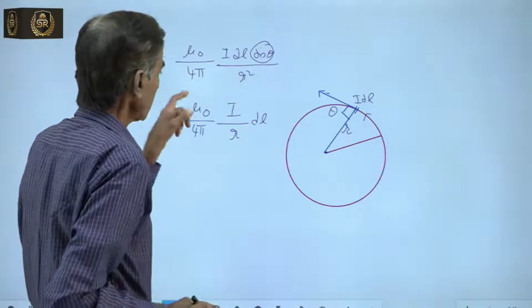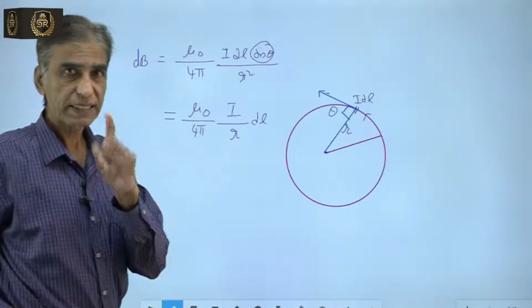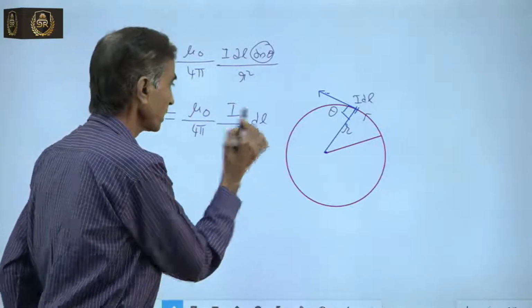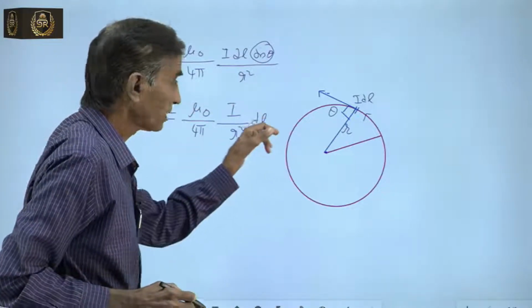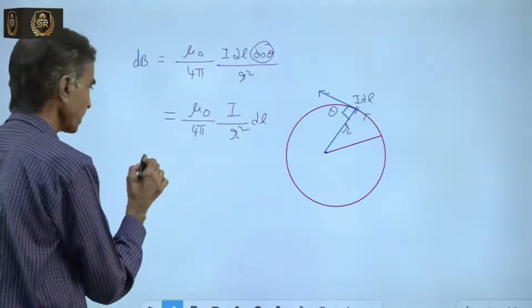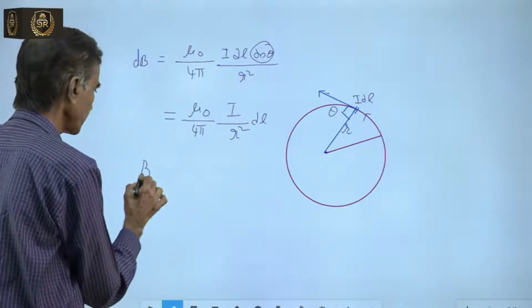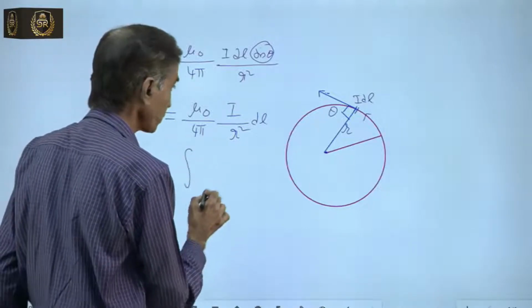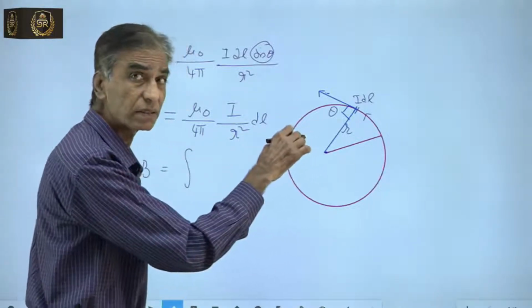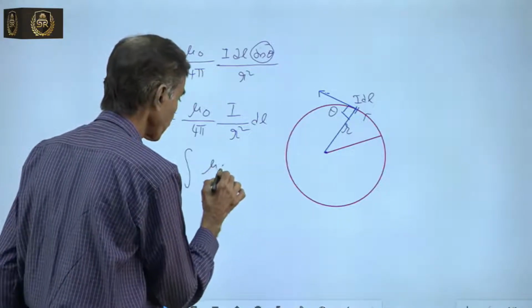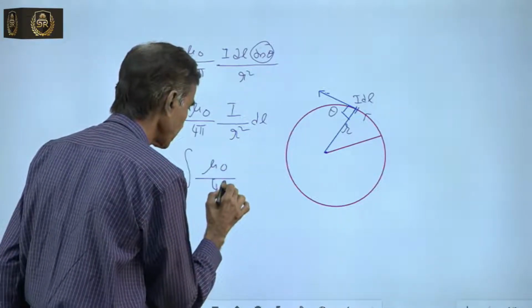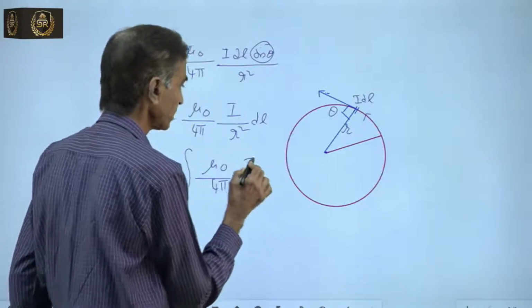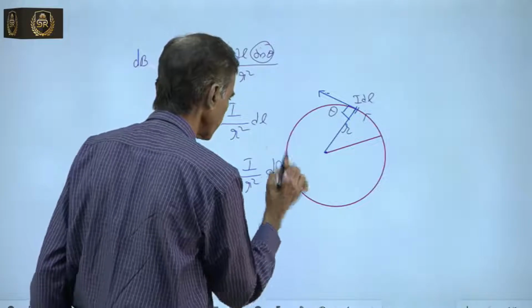Therefore mu naught by 4 pi is a constant, I by r square is a constant. So the only variable is dl. So integrate now to get the total field. Integral of dB equal to B, integral from 0 to 2 pi r. Therefore mu naught by 4 pi into I by r square into dl.